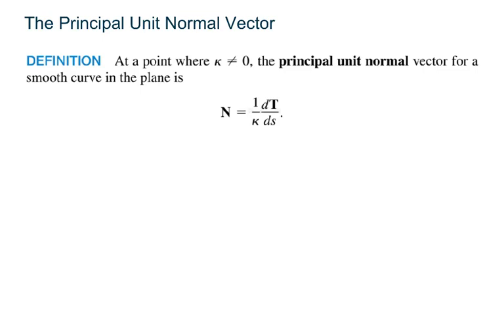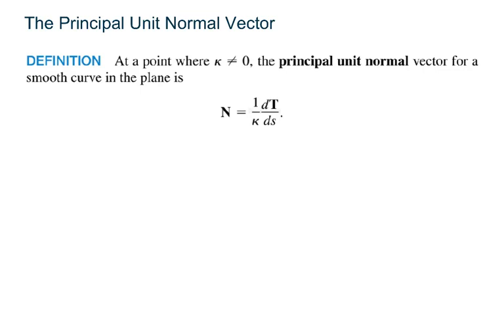The unit tangent vector tells us the direction of the tangent vector. Because it's a unit vector, it has a constant length of 1 unit, and its direction helps us to understand the curvature of said curve C.